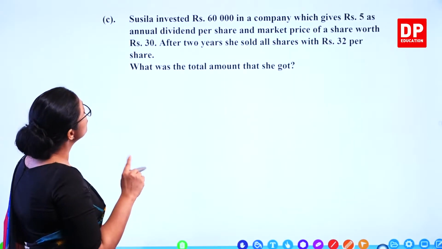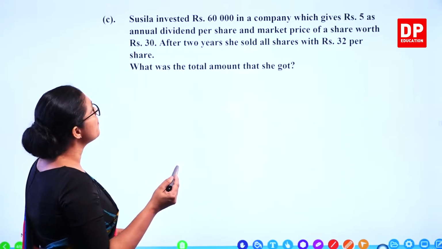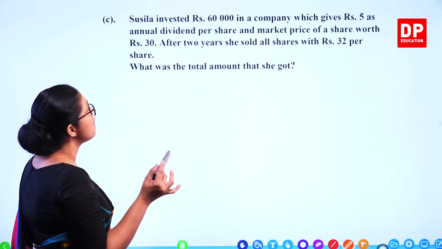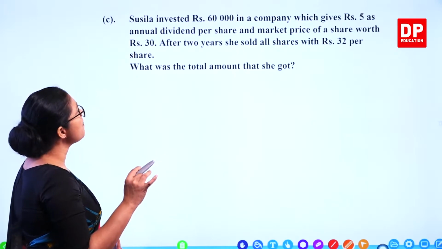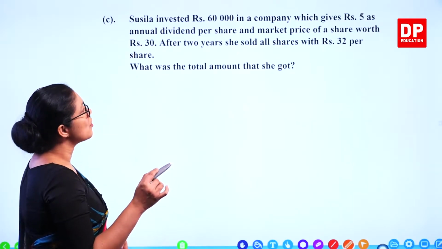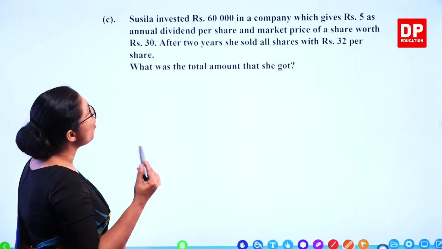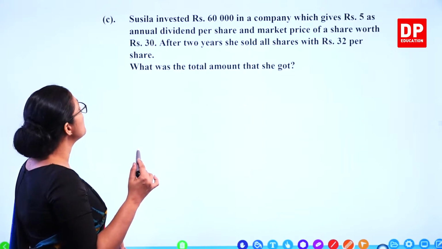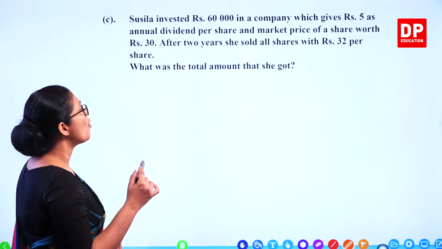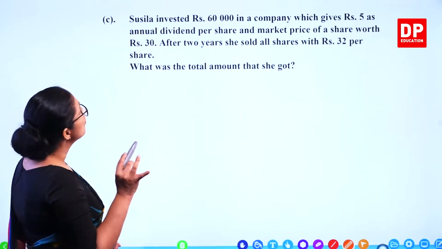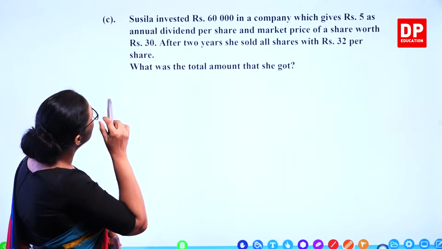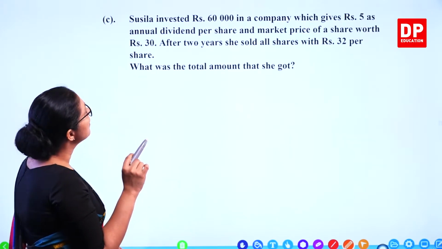Part C. Susila invested 60,000 rupees in a company which gives 5 rupees as annual dividend per share and market price of a share worth 30 rupees. After 2 years, she sold all shares with 32 rupees per share. What was the total amount that she got? So what's the amount of shares she bought?